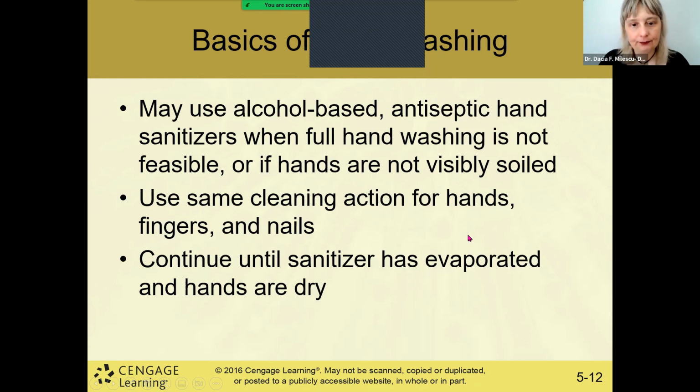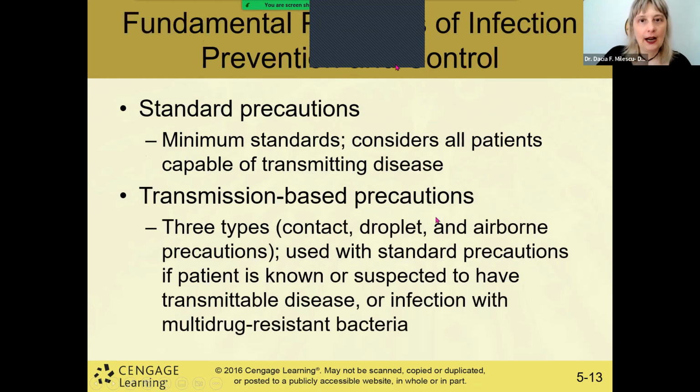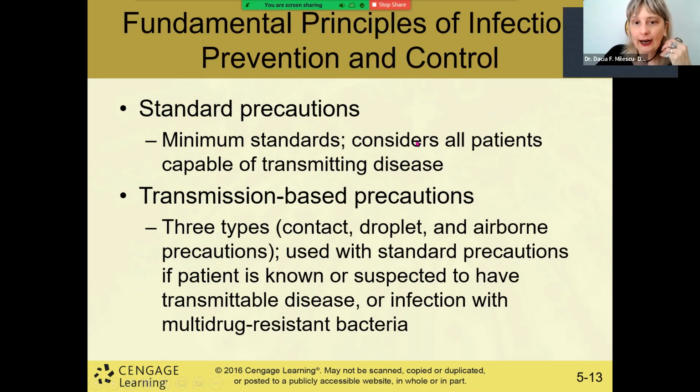the hands are dry. All right, now the fundamental principles of infection control is that you want to have at least the minimal standards and consider that all patients are possibly contributing to an infection, which means that you can assume that everyone is causing an infection.